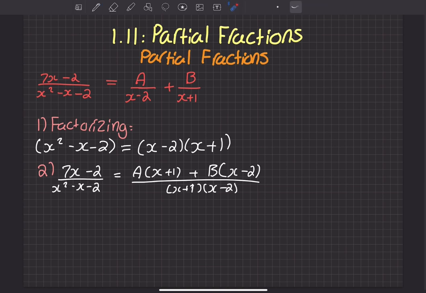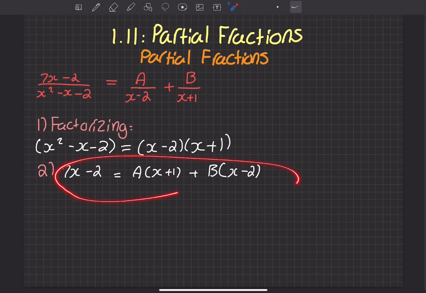We just multiply up and down by this, and up and down by this. Since they both have the same denominator, we can just cancel them out for now. And what we have now is 7x minus 2 equals this.